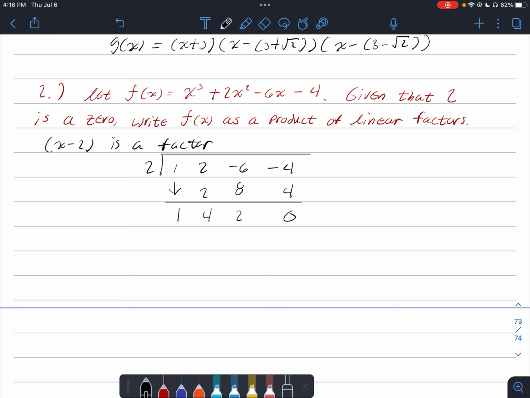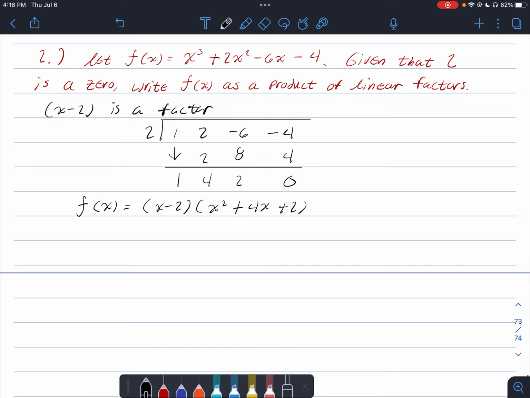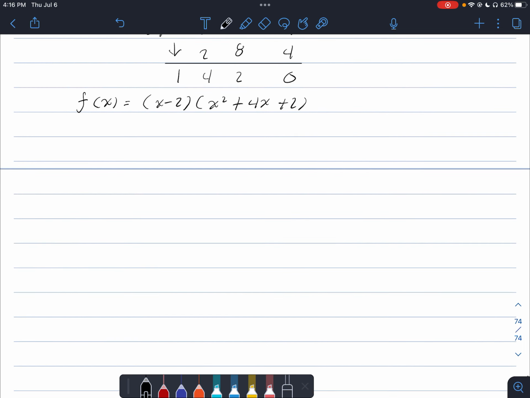Okay, so given that information, we can now write f of x as x minus 2 times x squared plus 4x plus 2. And let's see. We want to find two numbers that multiply together to give us 2 and add to give us 4. And we're not going to find that. So that means we're going to have to use our quadratic formula again. All right.